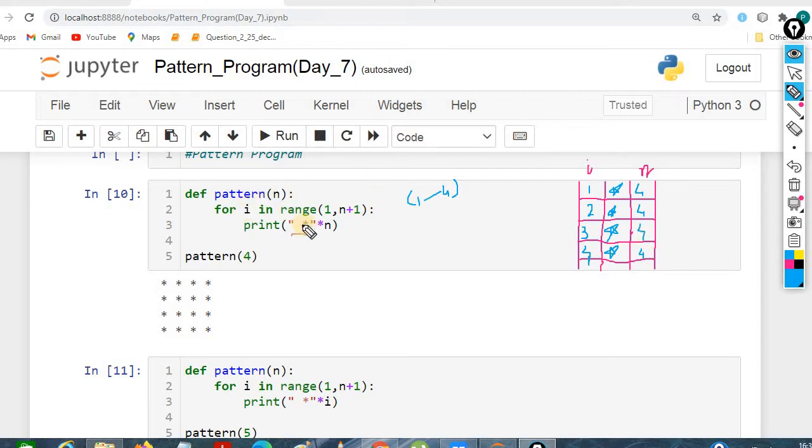In the fourth case also, it is star into 4. This way this loop will work.